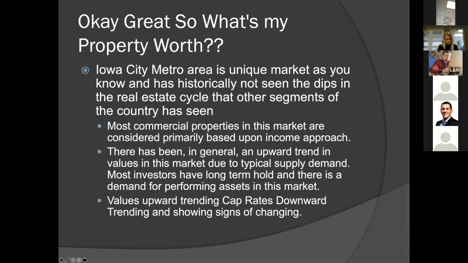That's the challenge we see with a lot of investors who are long-term holders. They need to maximize their profit on this, because they realize there's not going to be something as attractive to exchange into. Even in spite of some segments of the Iowa City market having increased vacancy and challenges, we're still seeing downward trends in cap rates, in general. Next slide.